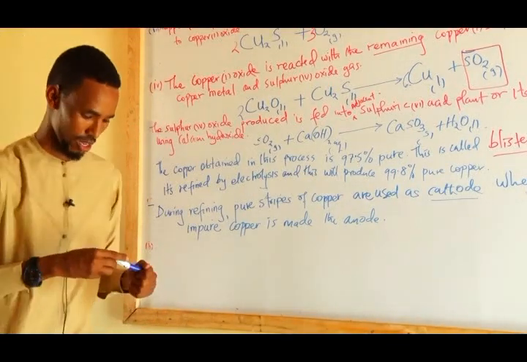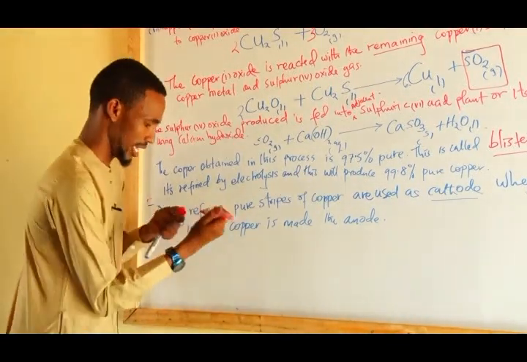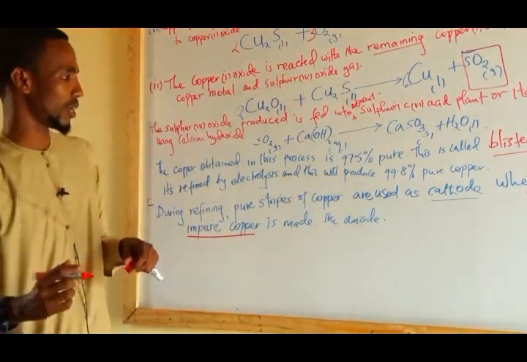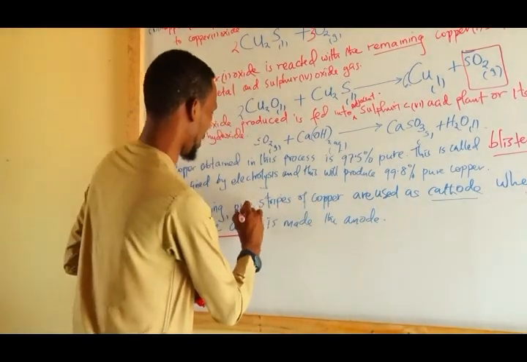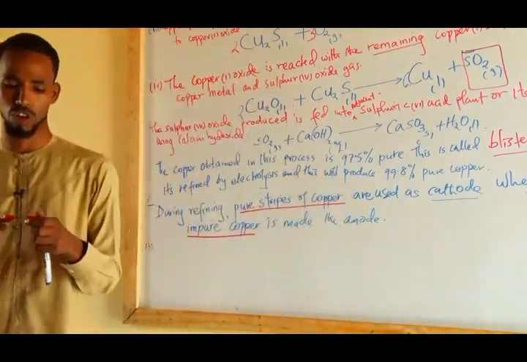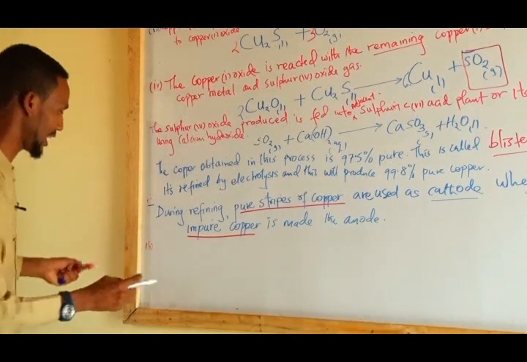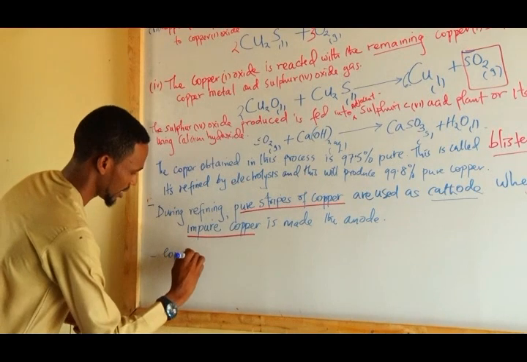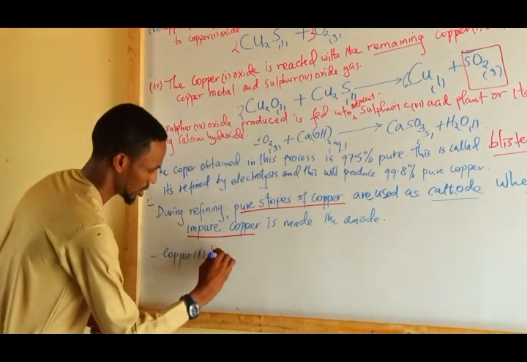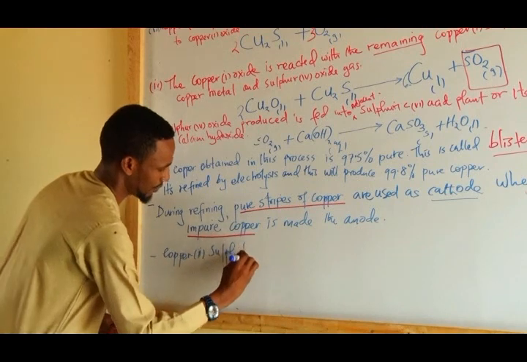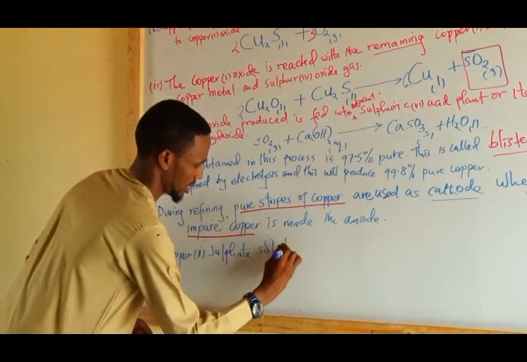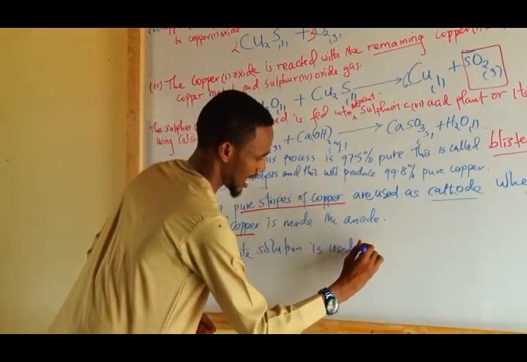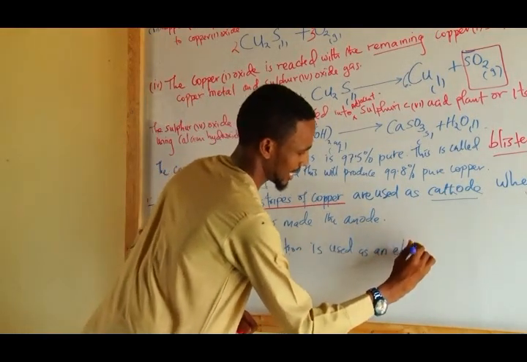What is our anode? Impure copper. What is our cathode? Pure strips of copper. And lastly, we said copper 2 sulfate solution is used as an electrolyte.